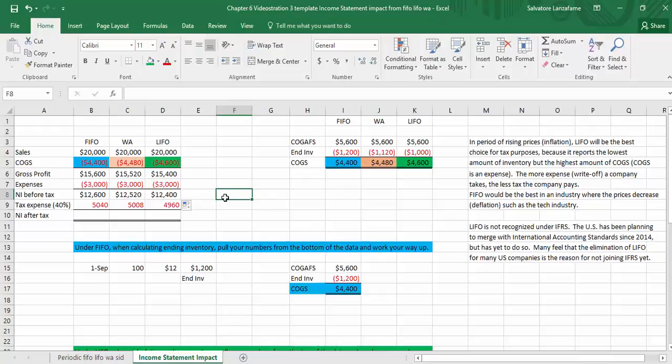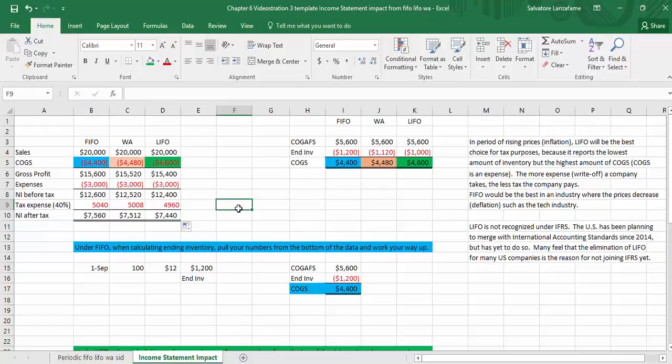I know I would. So ultimately, after tax, we're going to subtract out these expenses, and you will see that even though FIFO reports the highest amount of net income after tax, the people that use FIFO ended up paying the most amount of taxes.